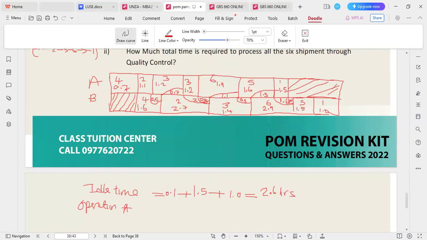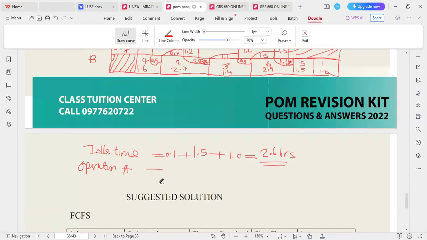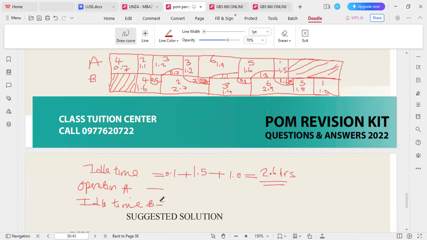And then idle time for B is equal to only 0.7 hours. So this is what we have.